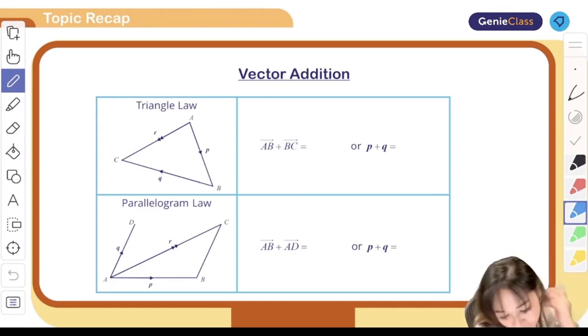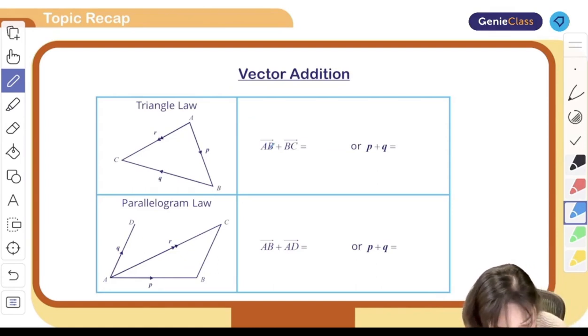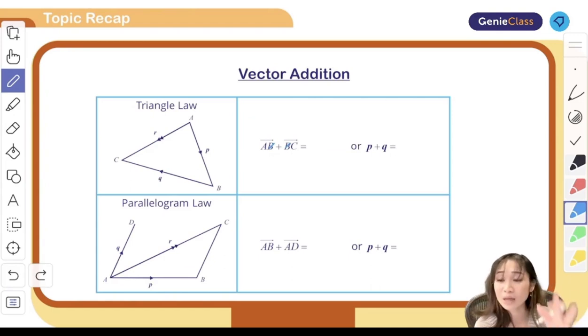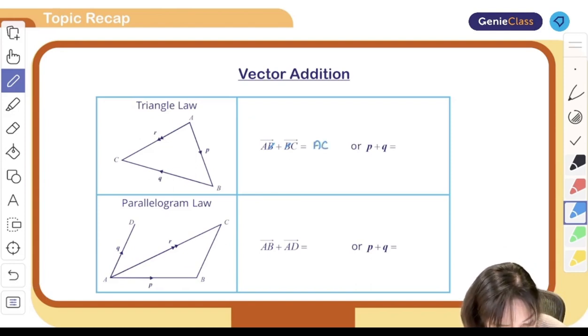But they all bring you to the same destination. Just that some are nearer, some a bit further, maybe some the journey is a bit smoother, right? So triangle law, if we have vector AB plus AC, then for triangle law, we need to make sure that these 2 points are the same. Wherever we take a pause for a toilet break, we need to start or continue our journey from that point. So this will give us vector AC.